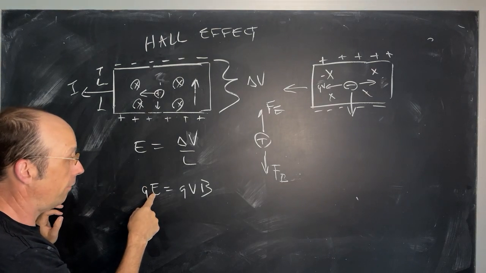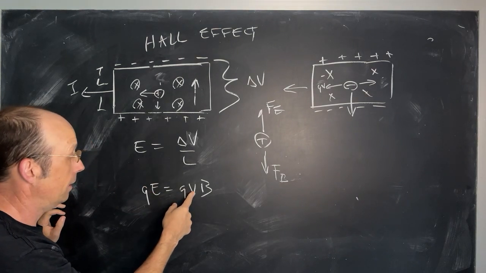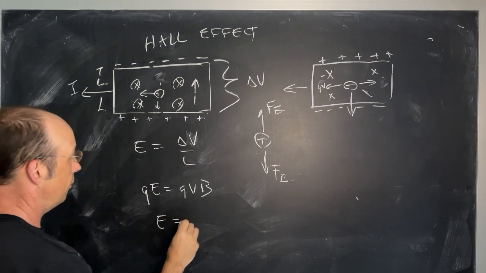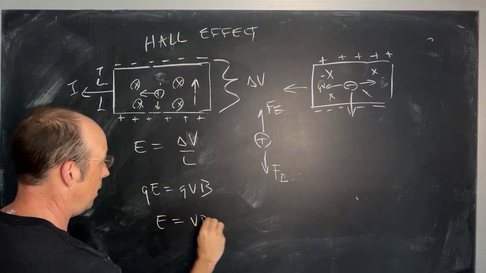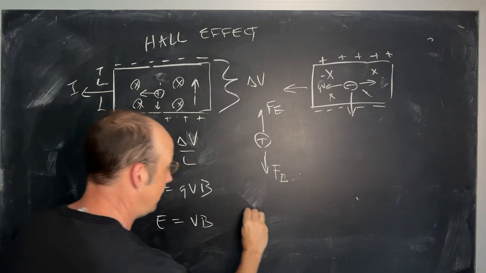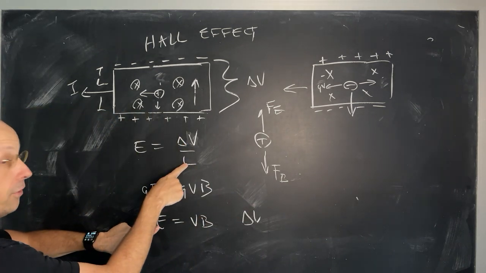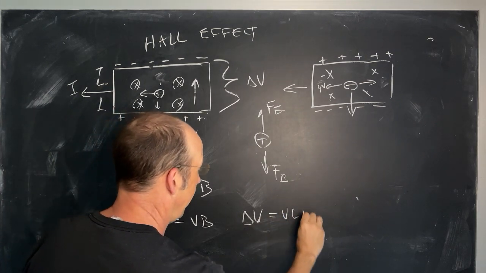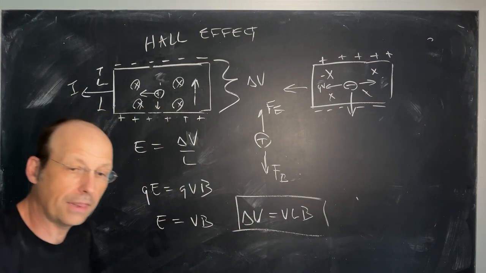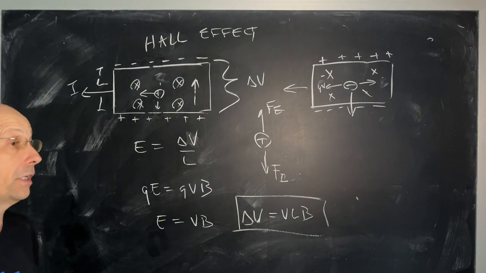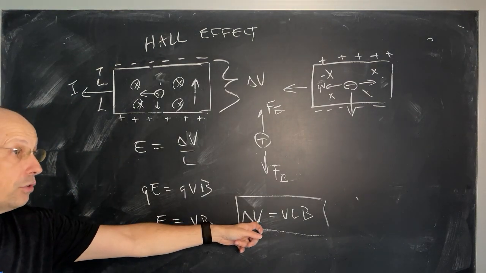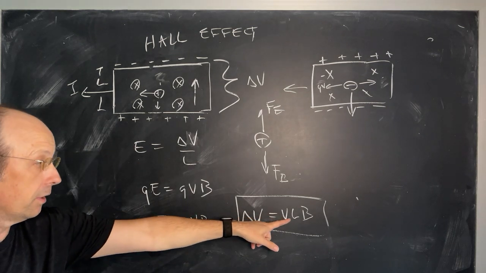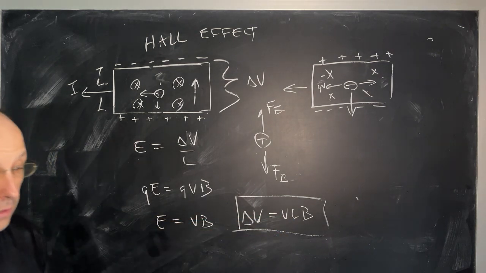So let's find E. E is going to be equal to vB. And then the change of potential, delta V, is going to be the electric field times the distance. So I get delta V is vLB. This is an important thing, and it shows up in a lot of different places. We call this an induced potential difference due to a magnetic field. So if you're moving in a magnetic field, it's effectively that change of potential.